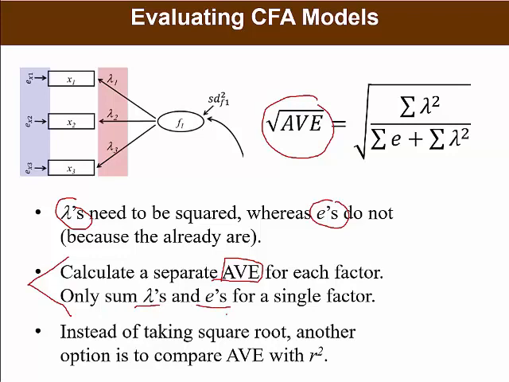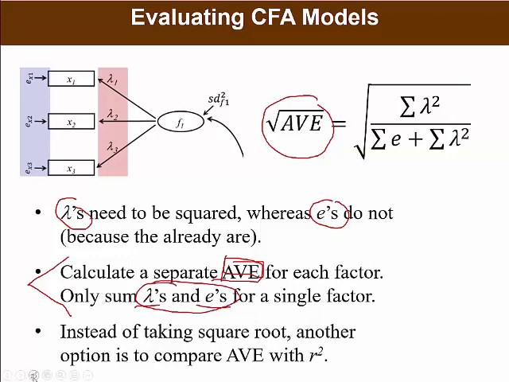So if you have a model with 2 factors, you would sum all the squared lambdas and errors for factor 1 and get an average variance extracted for factor 1, then take the square root of that. And then you would do it all for factor 2, and you get a separate square root of average variance extracted for factor 2.